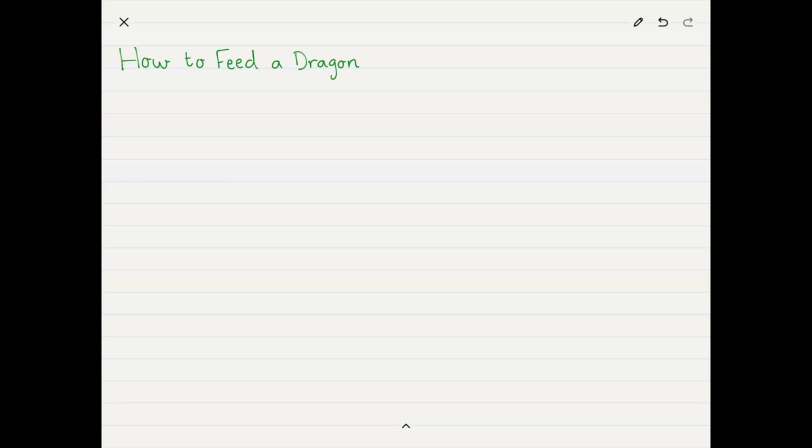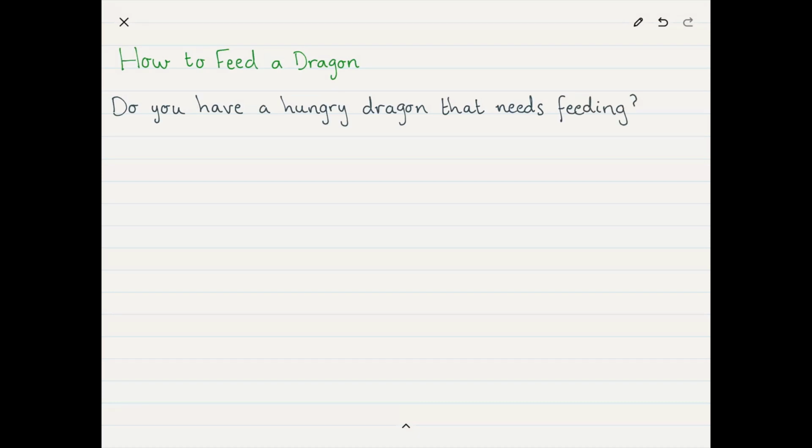And then my goal, which is the question: Do you have a hungry dragon that needs feeding? And a question mark on the end because it's a question.